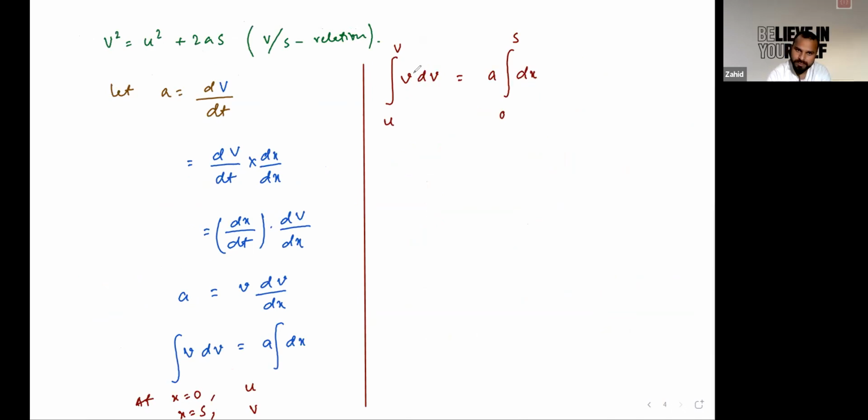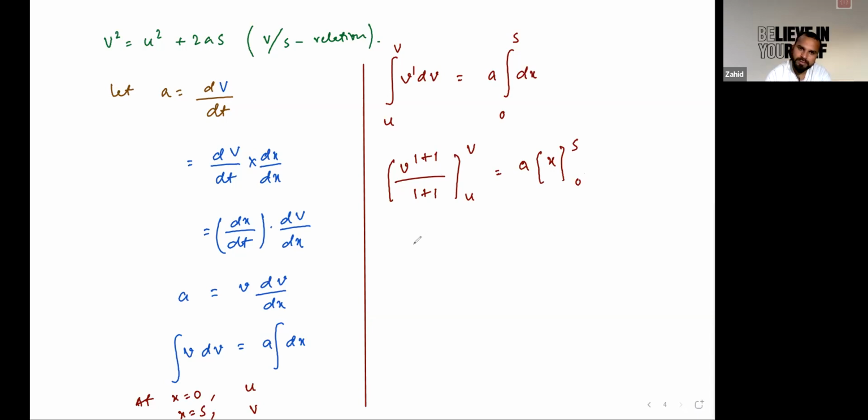Now, if you integrate this part, which has exponential 1, it will be 1 over 2, v to the power 2, with limits u to v, equals a times the integral of dx, which would be x, with limits 0 to s. So this will become v squared.